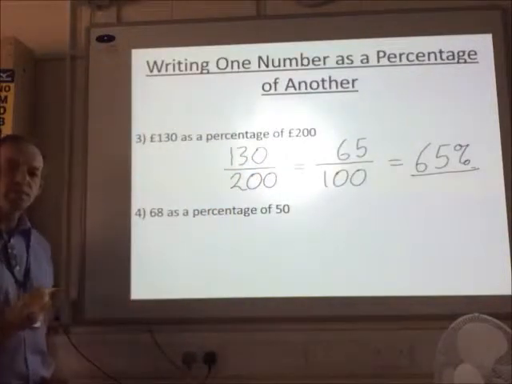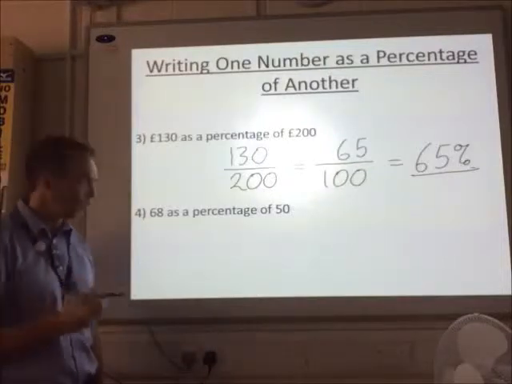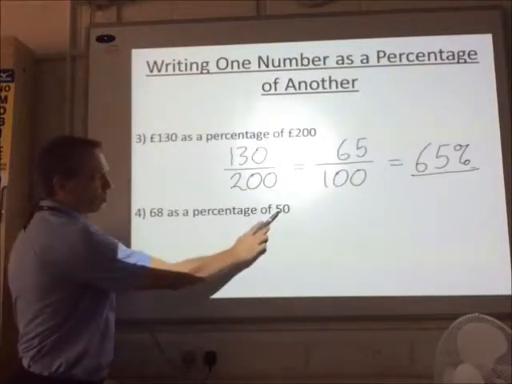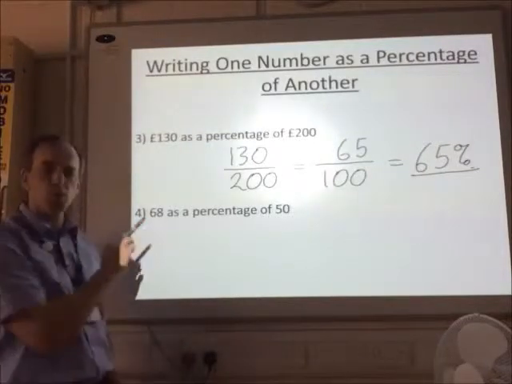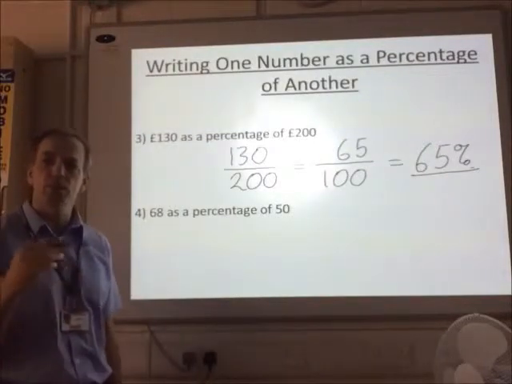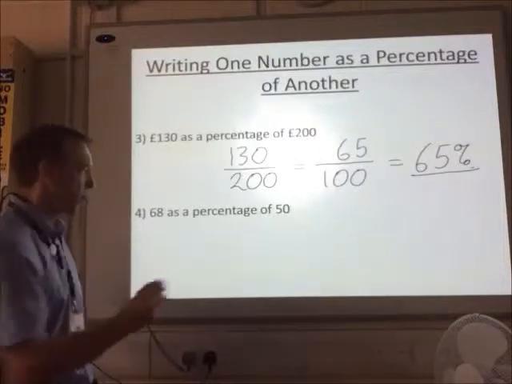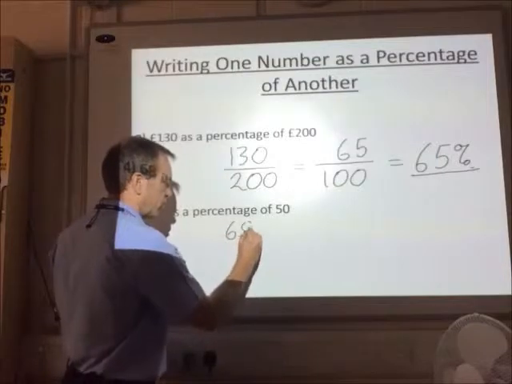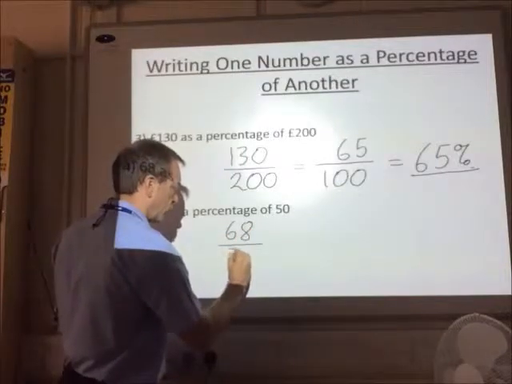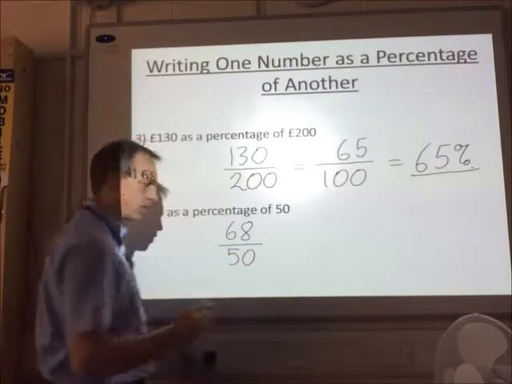Question 4, 68 as a percentage of 50. You might notice already that 68 is bigger than 50. So we might well be looking at something that's going to be bigger than 100%. 68 as a percentage of 50, same process, 68 out of 50.